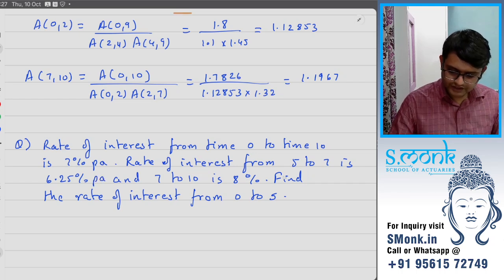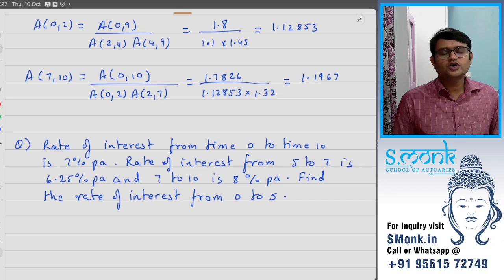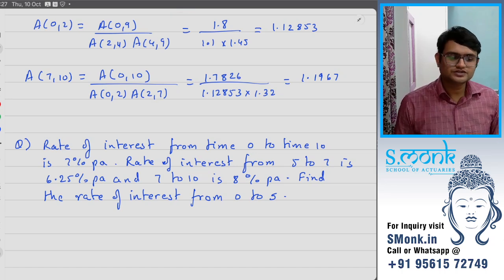All the rates of interest that I am writing are per annum. If I did not mention whether it is simple or compound, we will always assume it is compound.